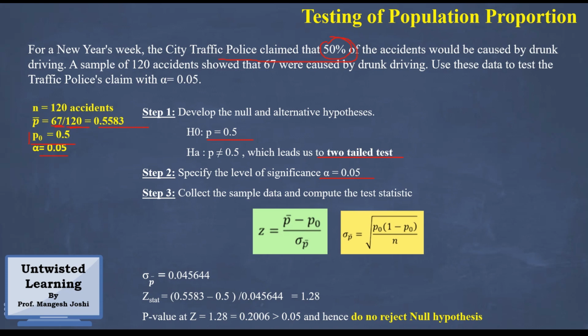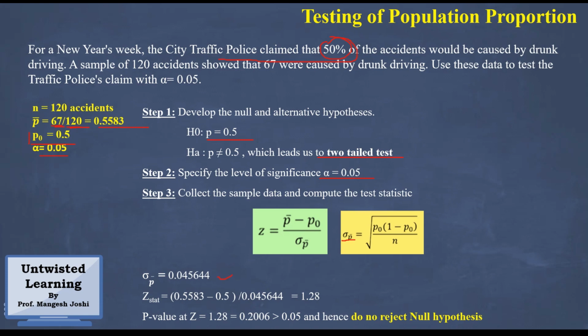Now let us test. Z equals P bar minus the hypothesized value of proportion, that is P0, divided by sigma P bar. This standard deviation can be calculated using the square root of P0 into 1 minus P0 by N. So this gives the value of sigma P bar equal to 0.045644.